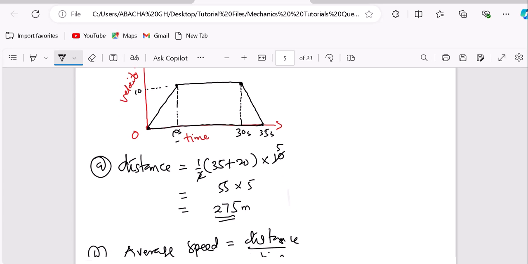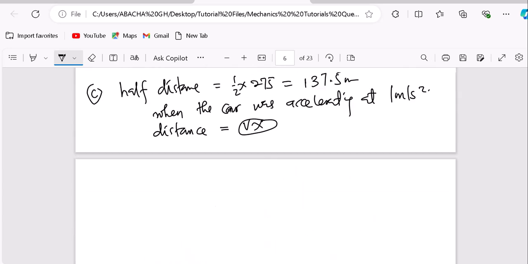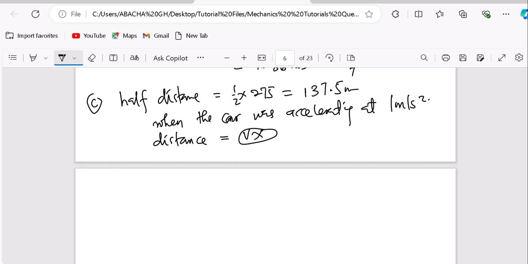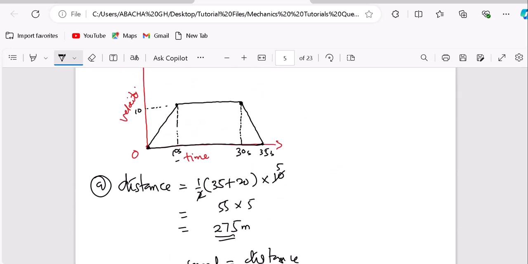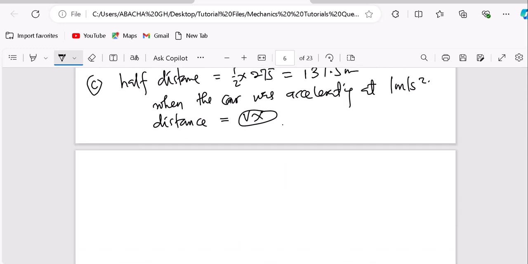The area of this triangle equals half base times height. The base is 10 and the height too is 10.